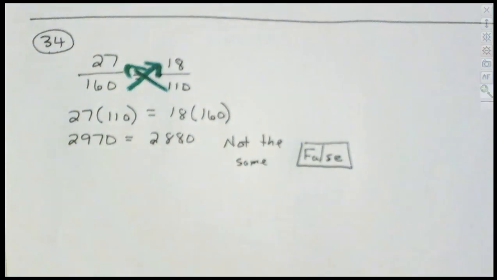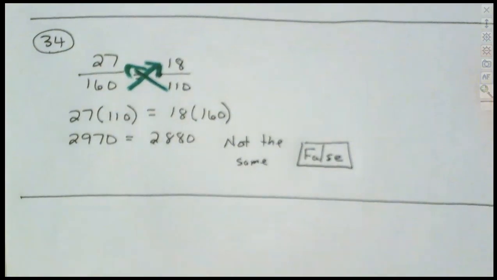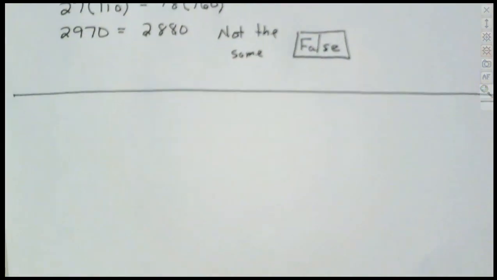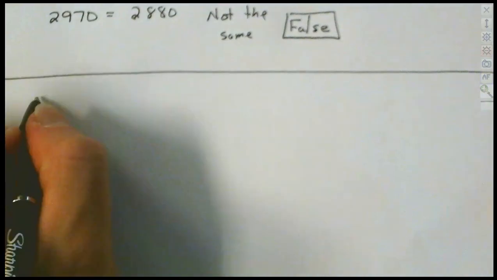And this leads us into other techniques as well. We're going to learn how to solve using cross multiplication. And this is a technique that we're going to be using when we have a fraction equaling another fraction. So let's look at question 42.